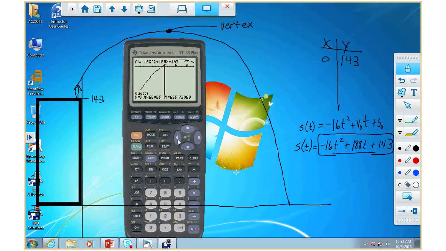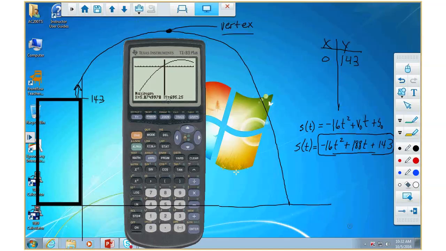And my guess is going to be around 5.7. When it says guess, what is it? Just put it in the middle of the two, left and right bound. And there is your what? So what is the maximum in this case? The vertex. The vertex is always your highest or lowest what? Value.